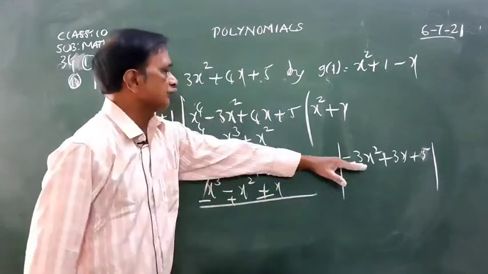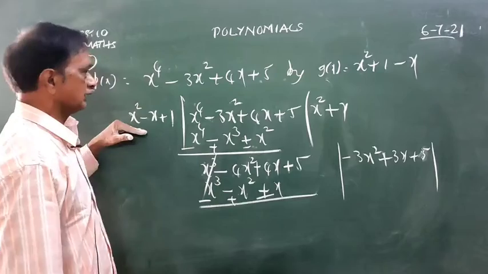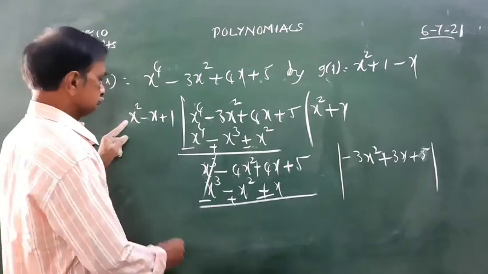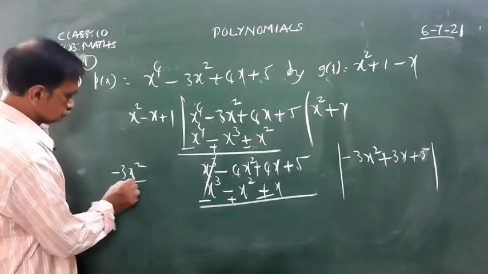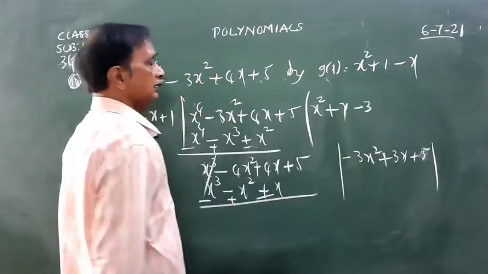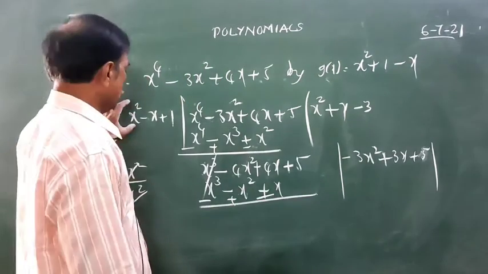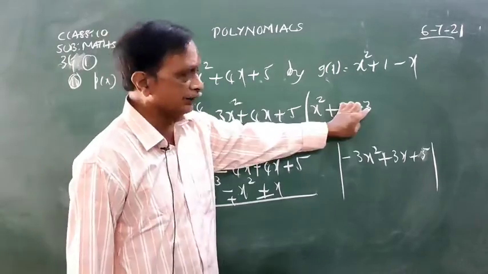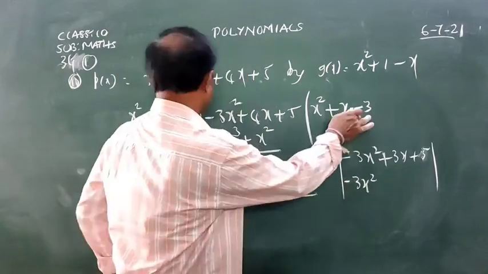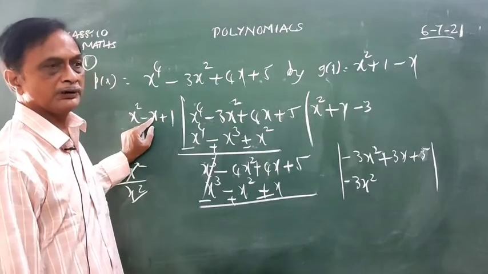Now divide the first term of the dividend by the first term of the divisor. Minus 3x square by x square gives what? Minus 3. Write that minus 3 as the last term of the quotient. And you have to multiply the divisor by minus 3. Minus 3 into x square, minus 3x square. Minus 3 into minus x, what is it?